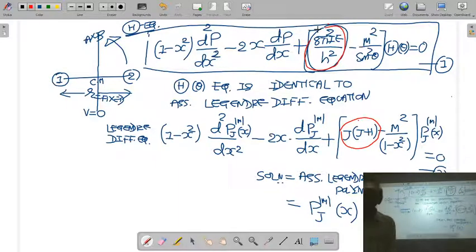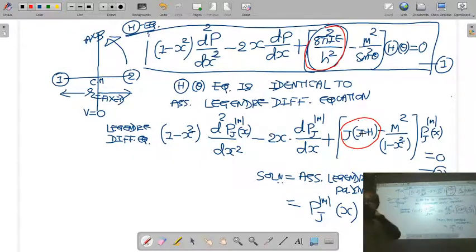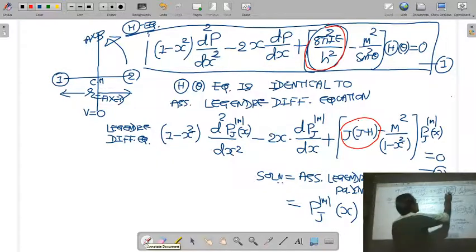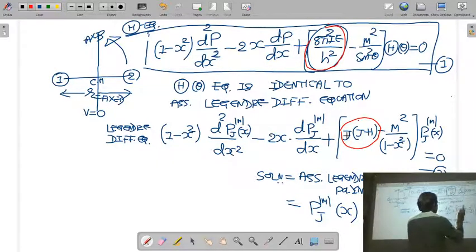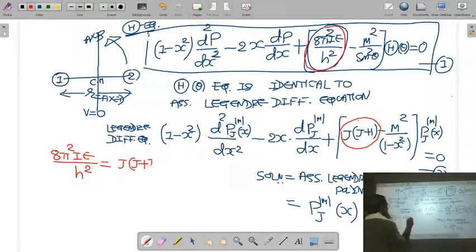So both the equations are exactly identical, provided we put 8 pi square I upon s square equal to j into j plus 1.